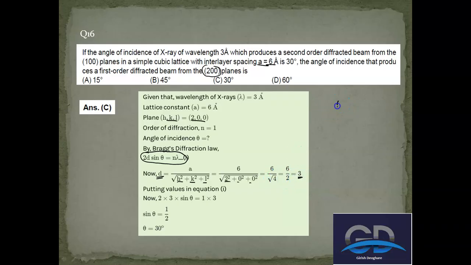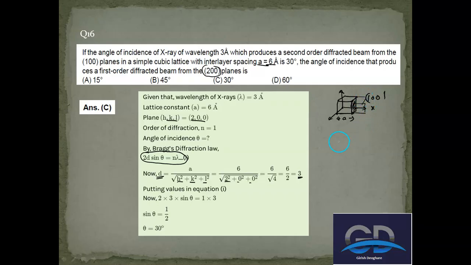Now one thing to understand is that for the 100 plane, this would be the plane in the YZ plane, perpendicular to the x-axis at a distance a. So the distance between two subsequent planes would also be a in that case.